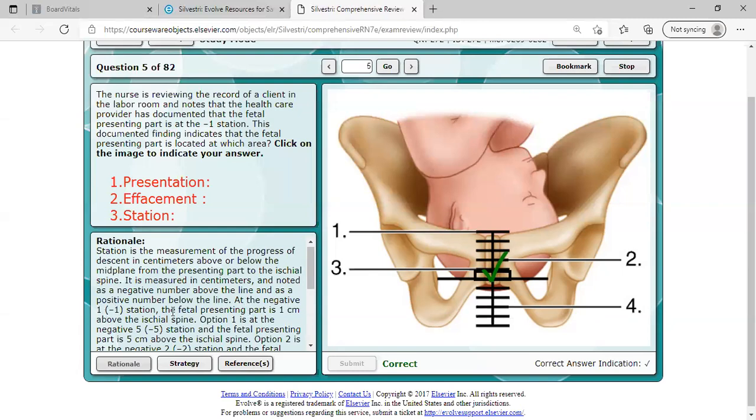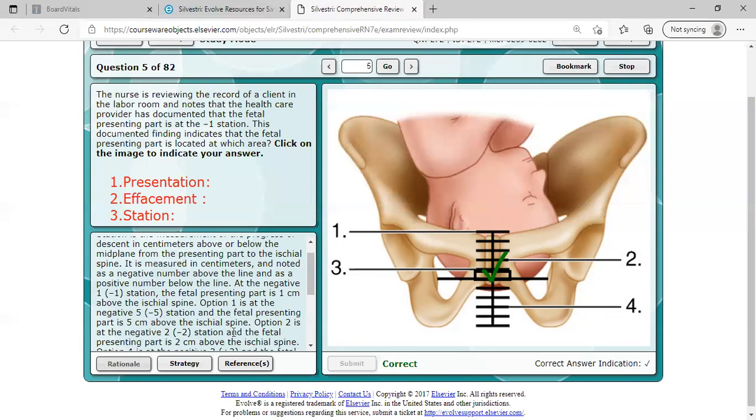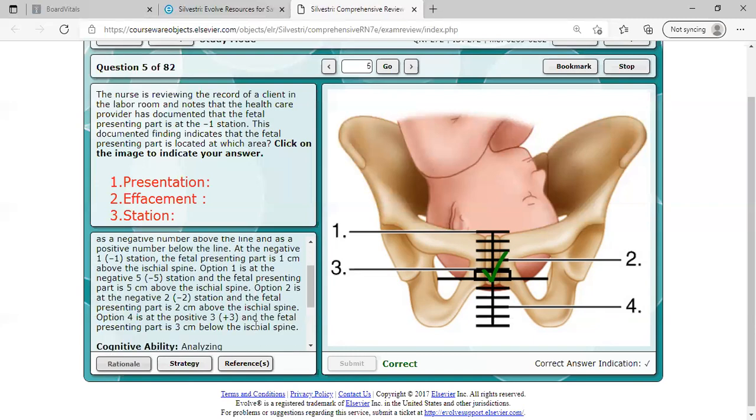At -1 station, the fetal presenting part is 1 centimeter above the ischial spine. Here is the ischial spine, 1 centimeter above. Option 1 is the negative 5 station, so the fetal presenting part would be 5 centimeters above the ischial spine, right?